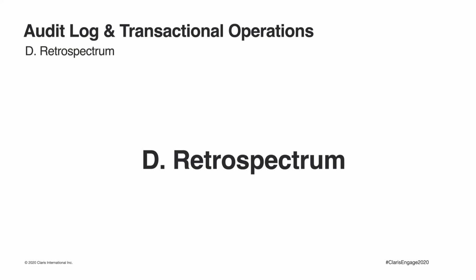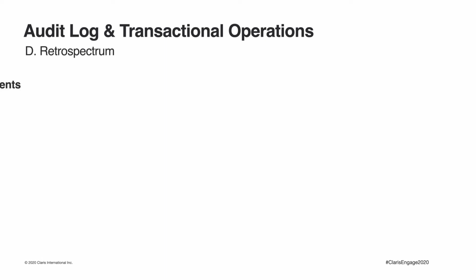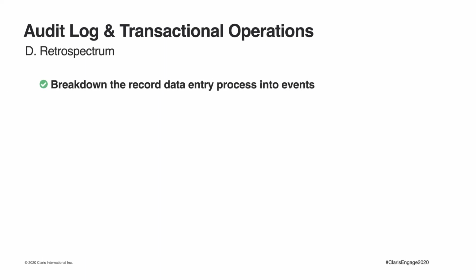Retrospectrum. In this session, I examined the integral parts of a record commit and broke it down into 4 events: new record, close record, delete record, and delete portal row. I showcased how to globalize script steps by embedding them in scripts and explained why this technique can produce powerful results.